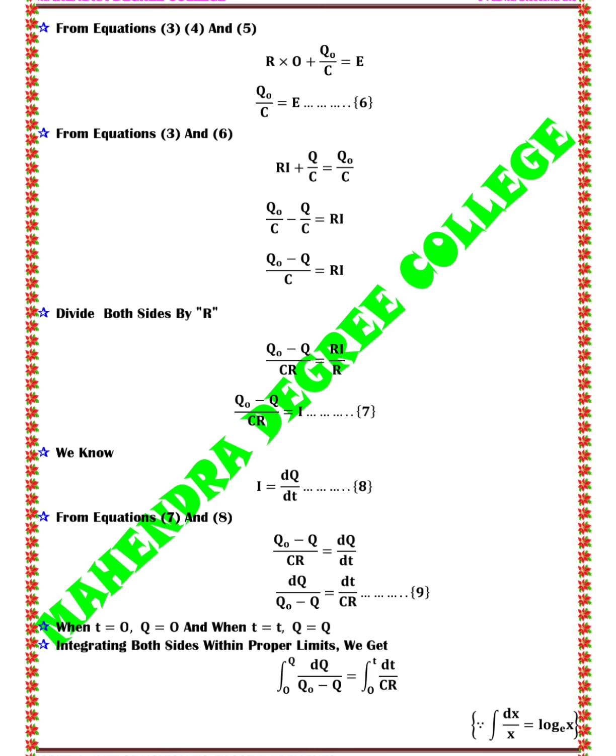We get R into I, that is 0, plus Q, that is Q naught, divided by C equals E. R into 0 plus Q naught by C equals E. Here R into 0 equals 0. Finally, we get Q naught by C equals E. This is equation number 6.